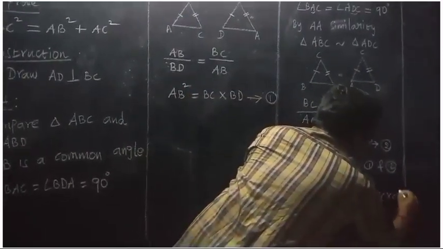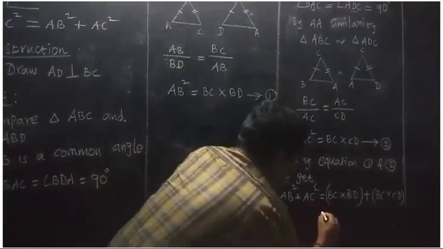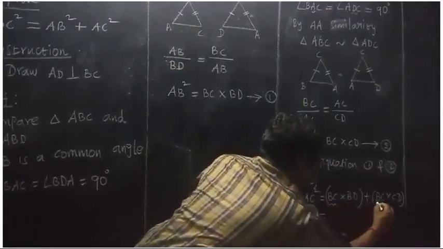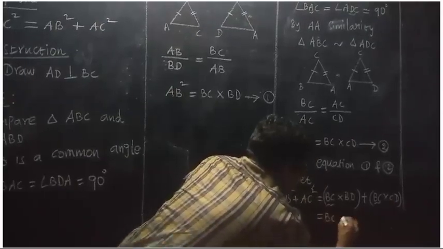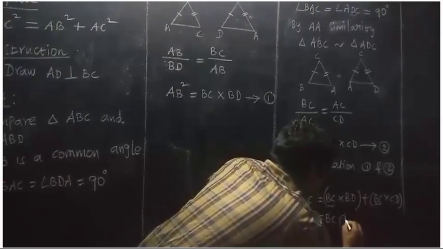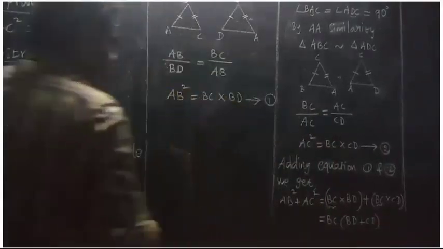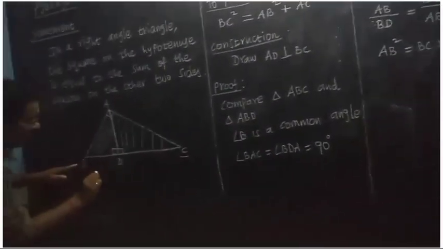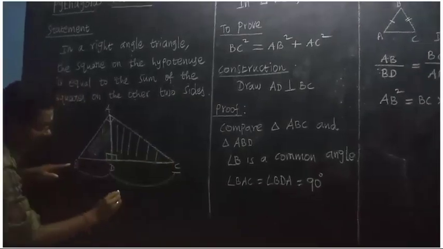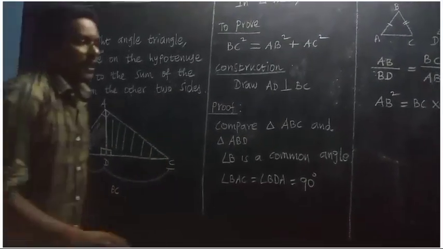Now take the common value BC. Therefore, BC into the remaining BD plus CD. Next, here BD plus CD equals BC.